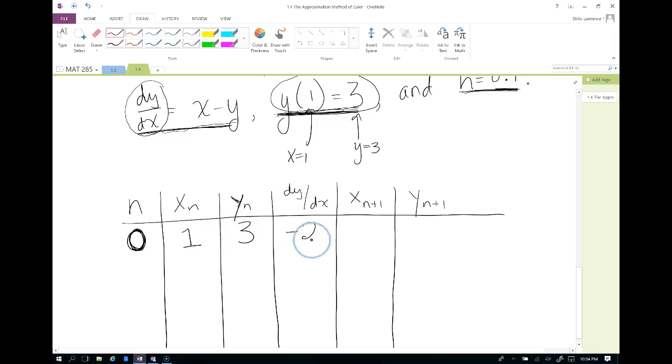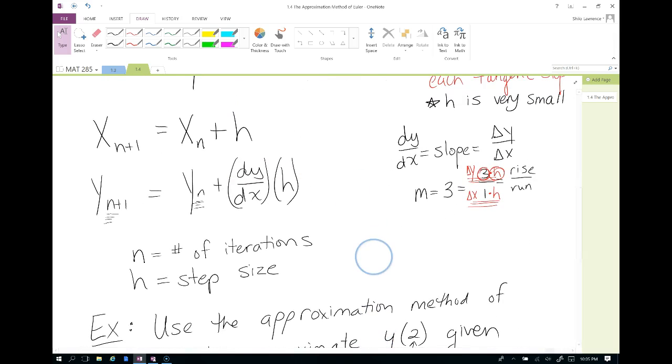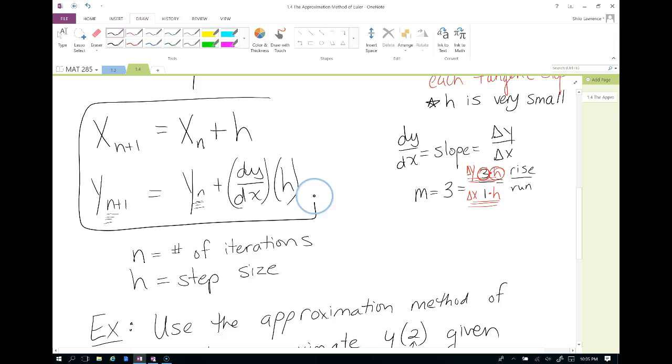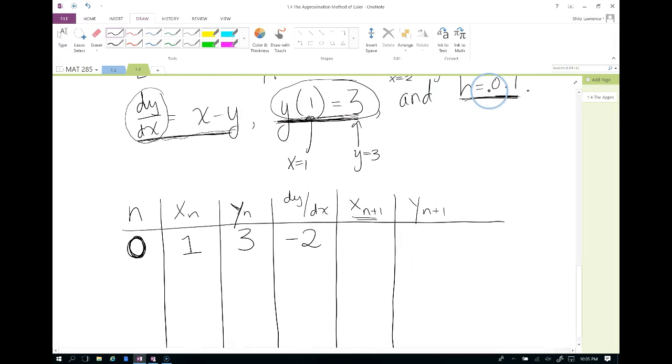We get negative 2. The next x value, remember our formulas are up here, we're always just adding h to get to the next x value. And our h here is 1/10. So I started at 1 and I'm going up 1/10, so 1.1.